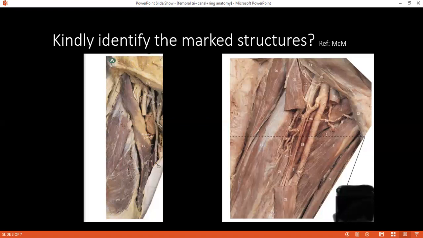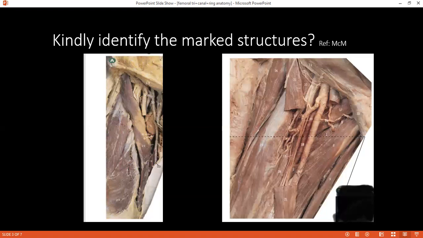It consists of the deep inguinal lymph nodes, the femoral vein, the femoral artery, and the femoral branch of the genitofemoral nerve. The muscular lacuna lies laterally, and it consists of the femoral nerve, iliopsoas, and the lateral femoral cutaneous nerve.